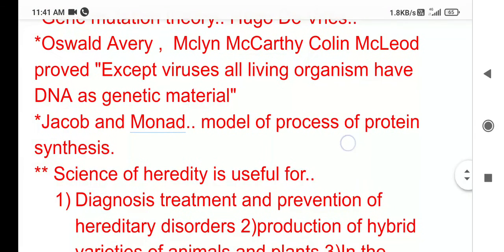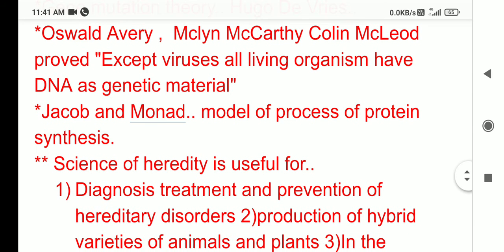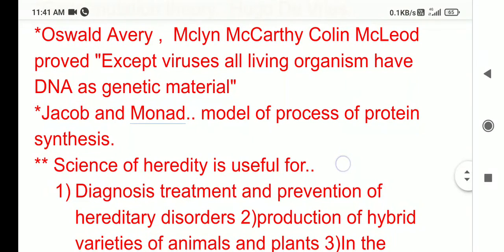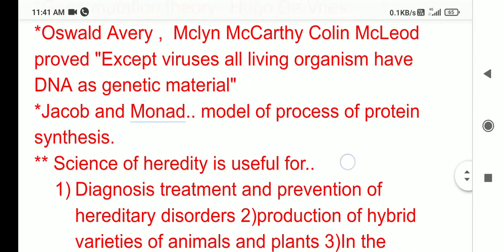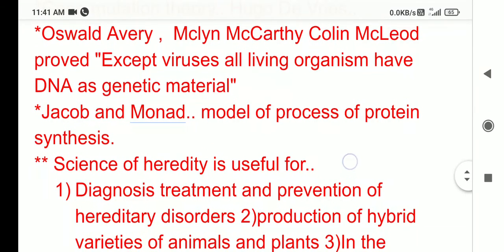Oswald Avery, Maclyn McCarty, Colin MacLeod proved that except viruses, all living organisms have DNA as genetic material. This trio of scientists proved, what did they prove?